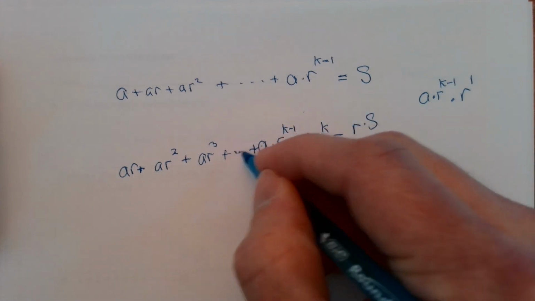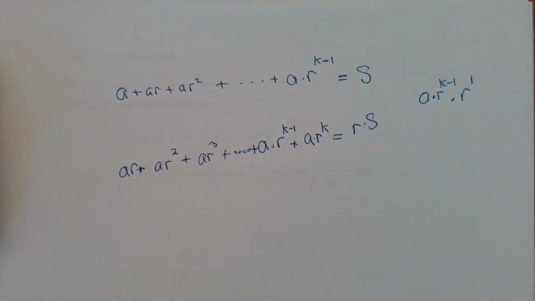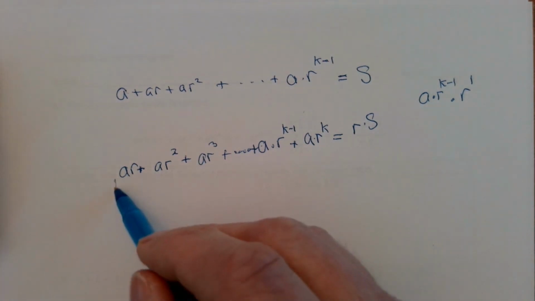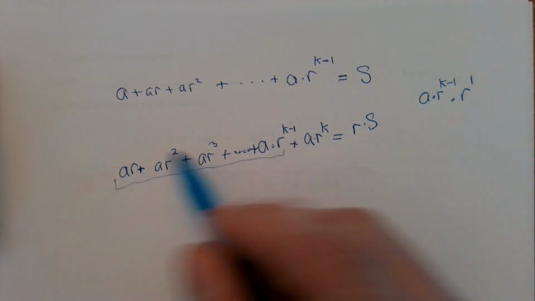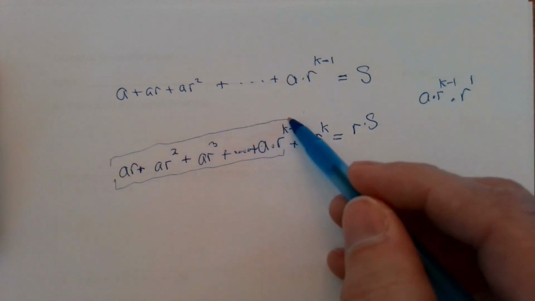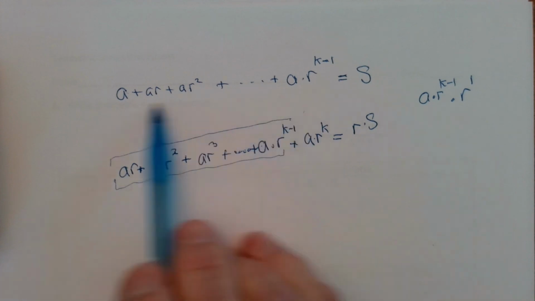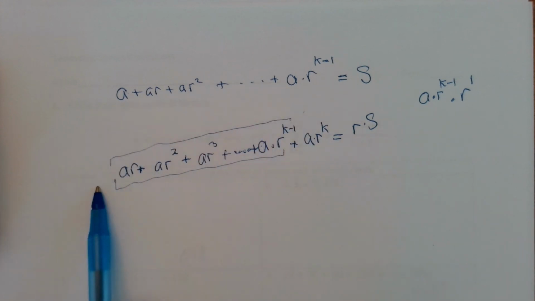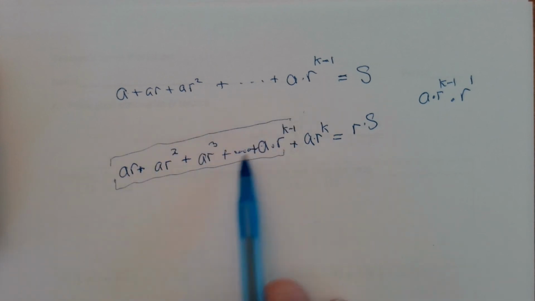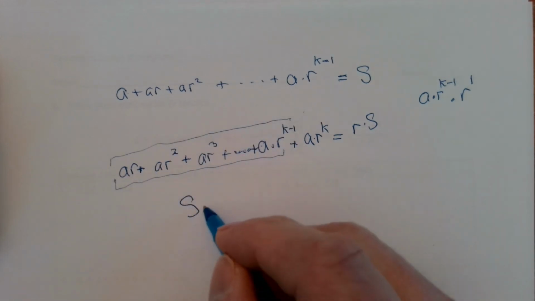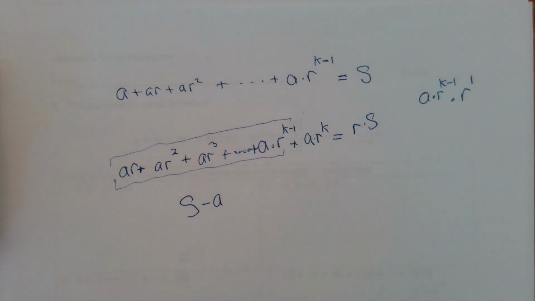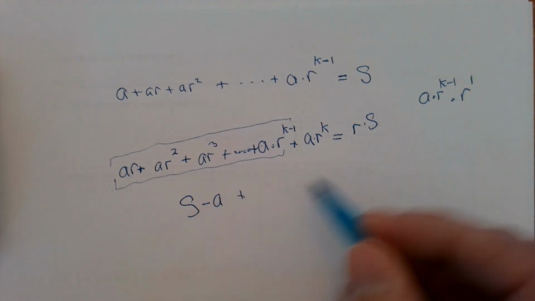Now, when you look at this, it looks almost exactly like what we started with up here. But there's something missing. Yeah, we're missing the a. So I hope it makes sense to you that I can pull all these terms out and replace them with s decreased by a. And then I still have this term.